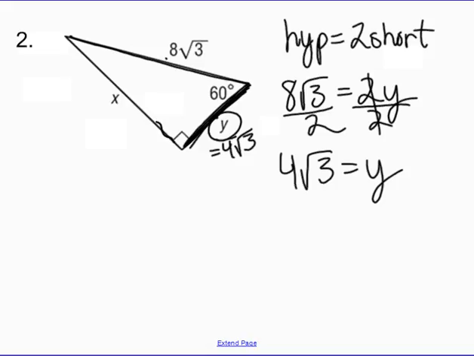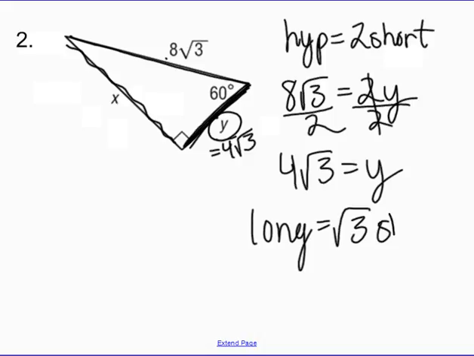So to figure out my long leg, the formula for that is long leg equals radical 3 times the short. That's the formula because that's the relationship between the short leg and the long leg. They're scaled by radical 3. The short leg and the hypotenuse are scaled by 2.